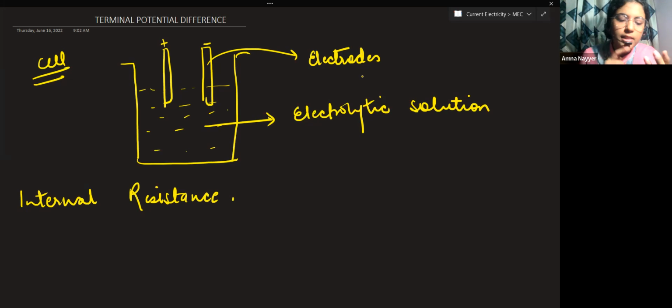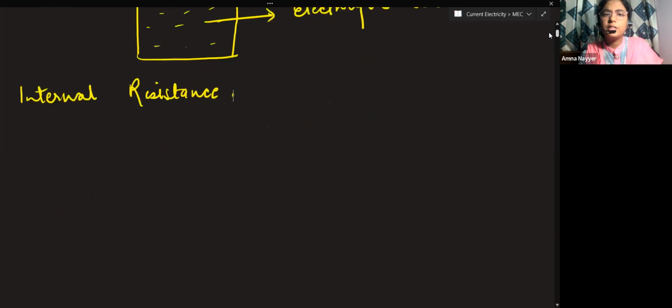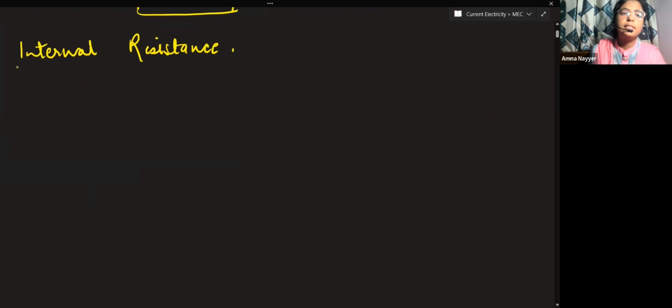The resistance offered by the electrodes and the electrolytic solution, all this is present within the cell. So this type of resistance you call the internal resistance. Many a times we draw it along with the battery. I'll show you how. First, understand the definition of internal resistance.